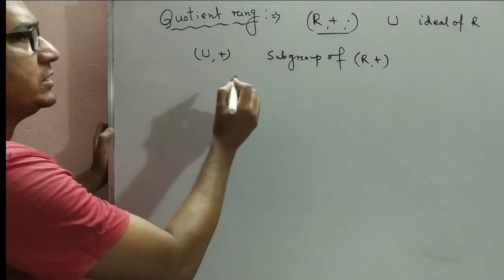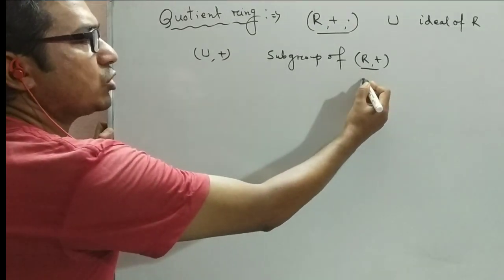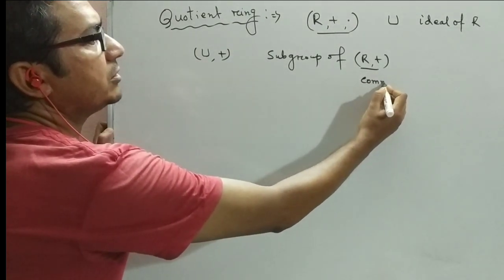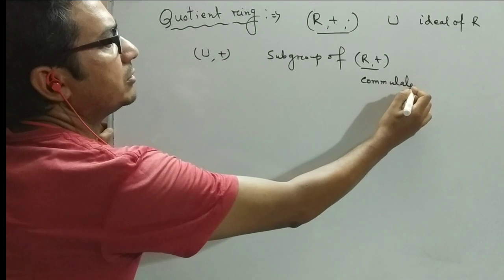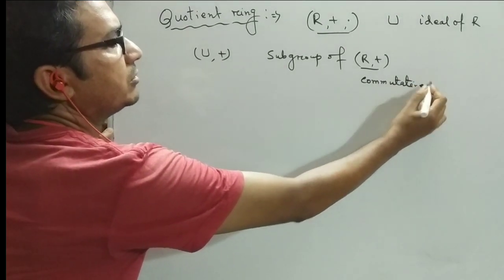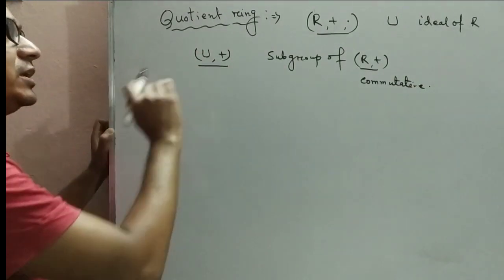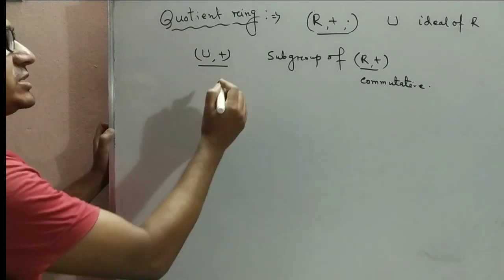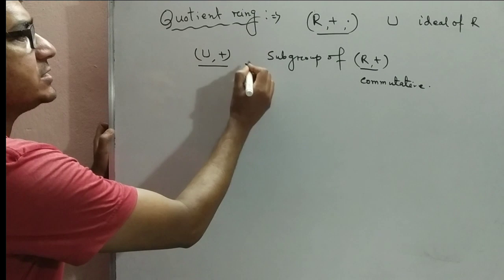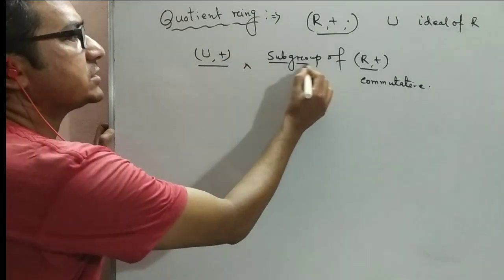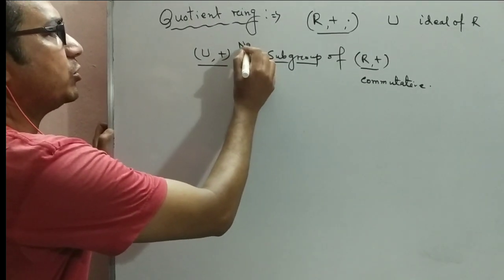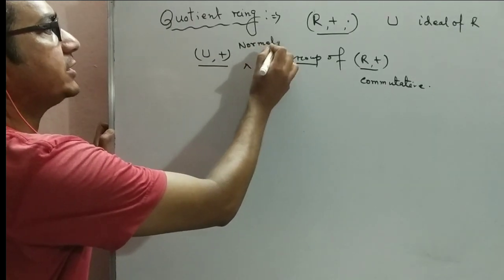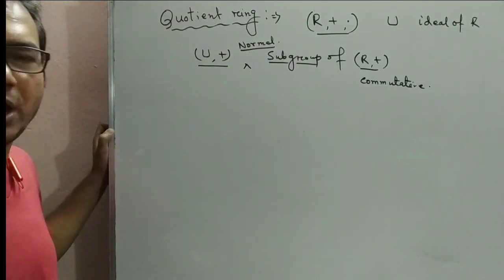Now, since R plus is commutative, so U plus is also commutative. That is, we say that U plus is not only a subgroup, it is a normal subgroup also, right? A normal subgroup of R plus.